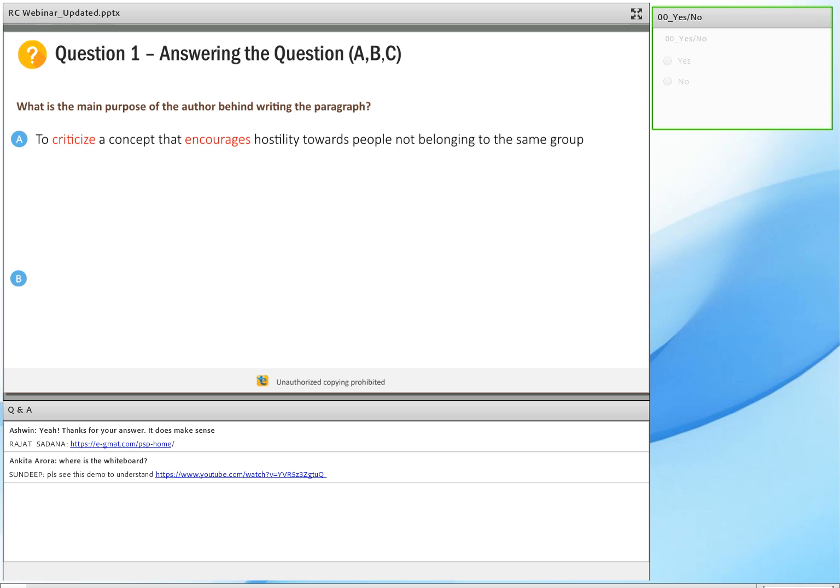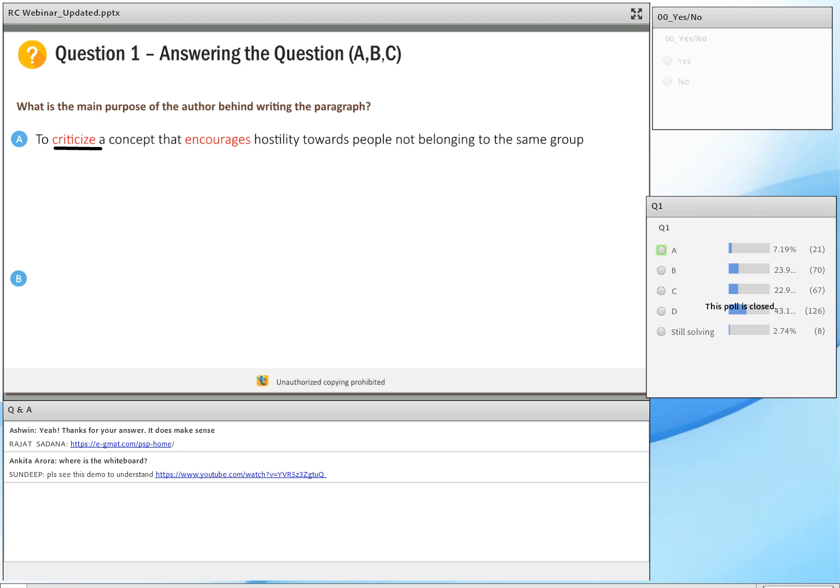The first question says, what is the main purpose of the passage? And the option says, to criticize a concept that encourages hostility towards people not belonging to the same group. Here is how you guys polled. About 21 of you said, yes, the author criticizes the concept. Does the author criticize the concept of EC?